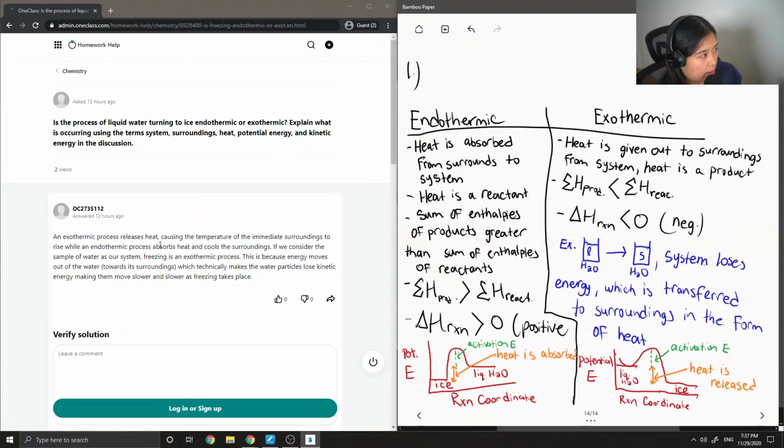Okay, so the question asks for terms using system and surroundings, which is what the junior tutor said. They mention heat and kinetic energy.